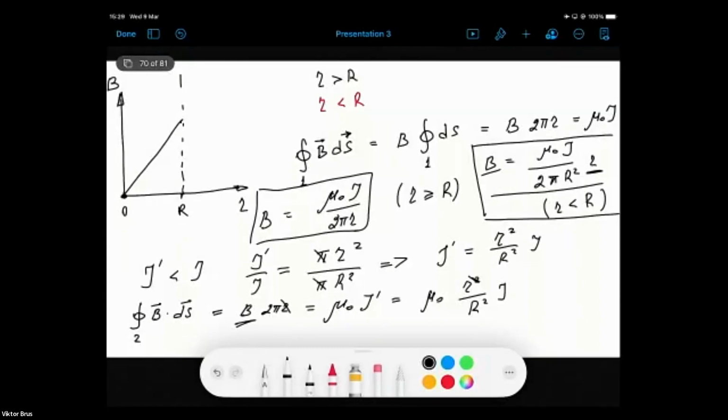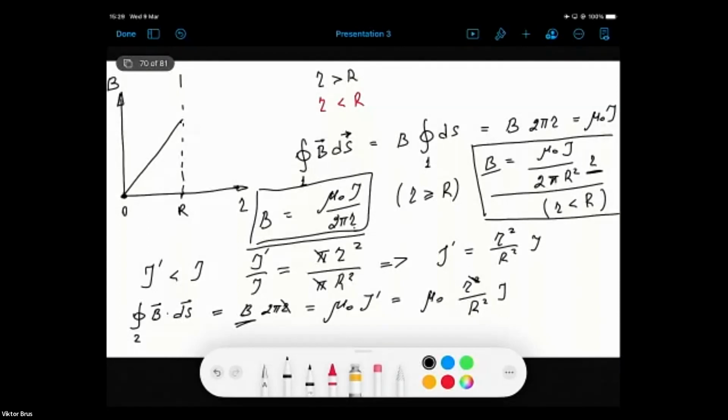And once we go further, like the outer space, another equation will start working for magnetic field. And here we see that magnetic field is inversely proportional to the radius.